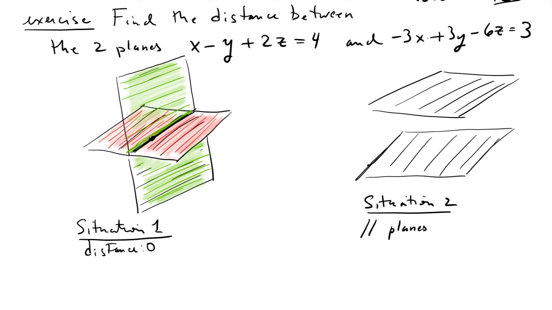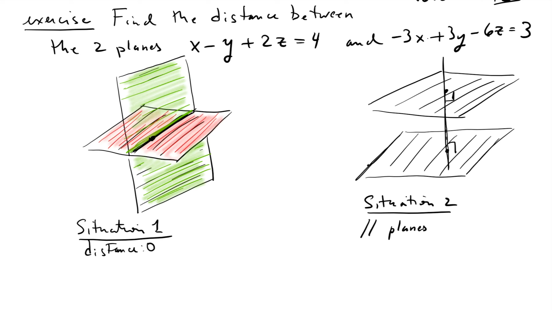In that case, if you take a point here, the point that's the closest on the other plane will be such that the line joining these two points will be at a right angle with each plane.